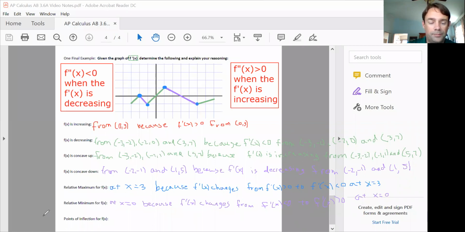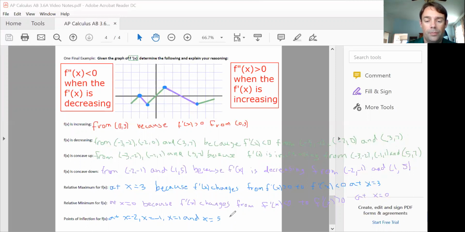So let's write that. At x equals -2, x equals -1, x equals 1, and x equals 5.